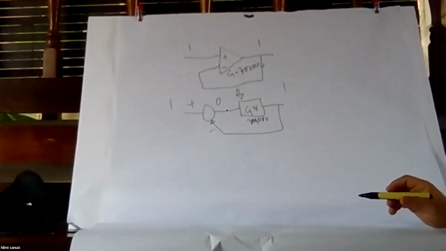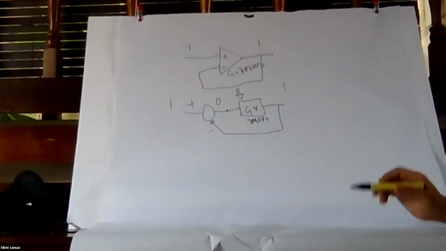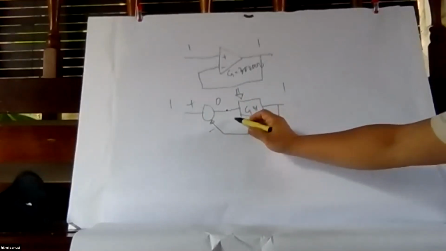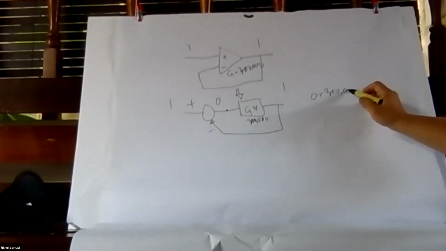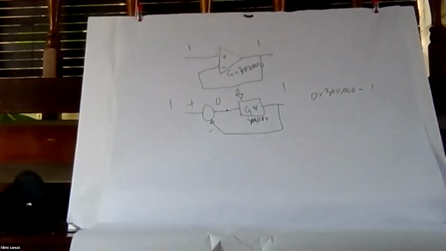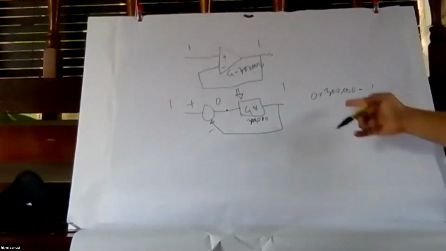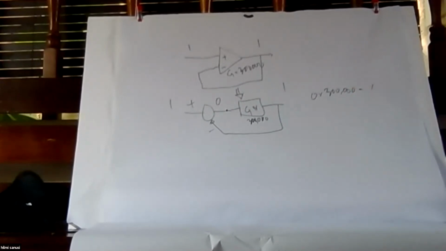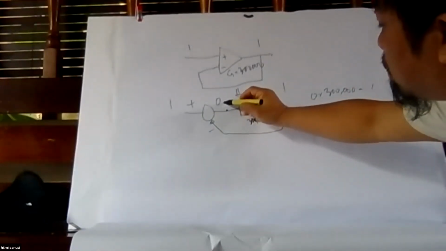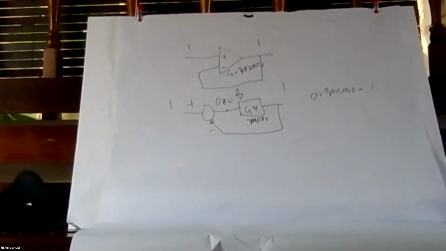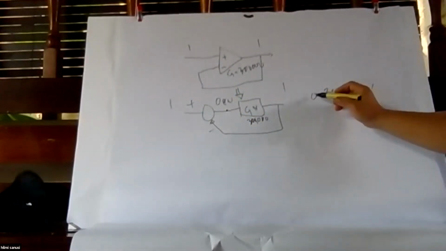Kosong kali 300,000, saya dapat satu. Betul? Kosong kali 300,000, saya dapat satu. So this is impossible. Apa sebenarnya kat sini? So this is your error sebenarnya.